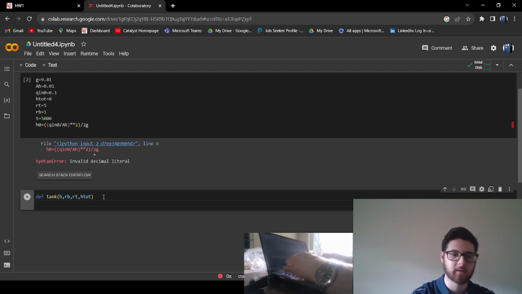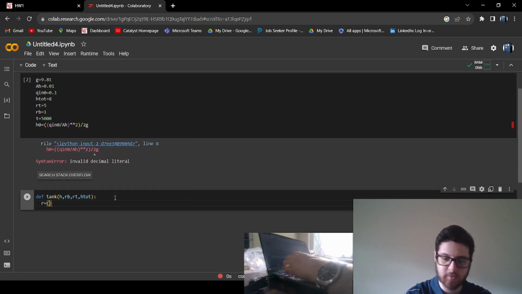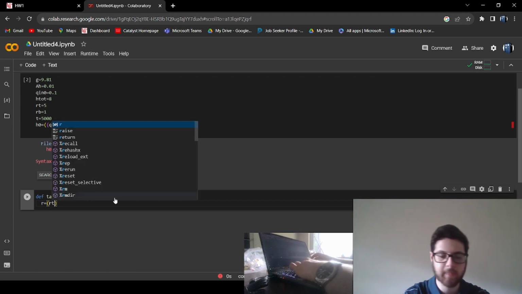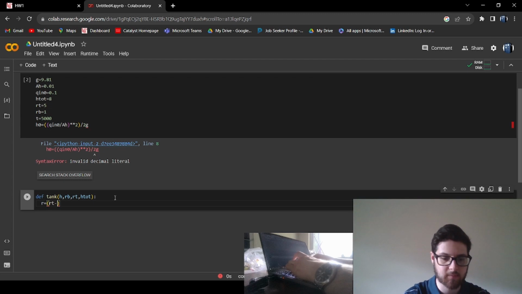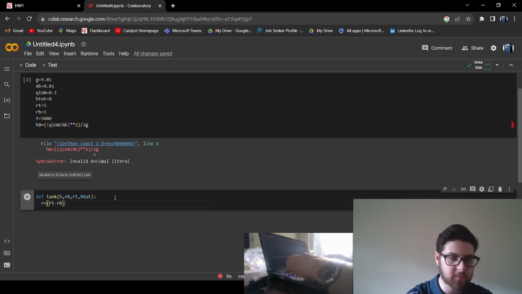So then we can go colons, hate colons. So then we define the radius as equal to, let's see, I got the equation right here, R top minus R bottom. I'm probably going to need more parentheses.